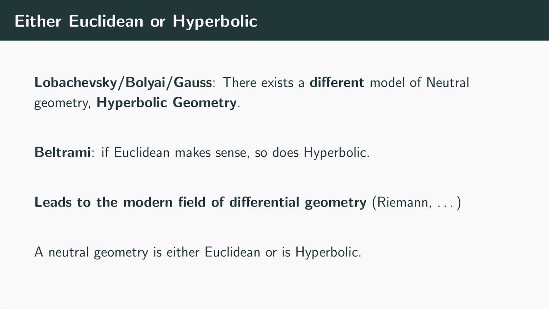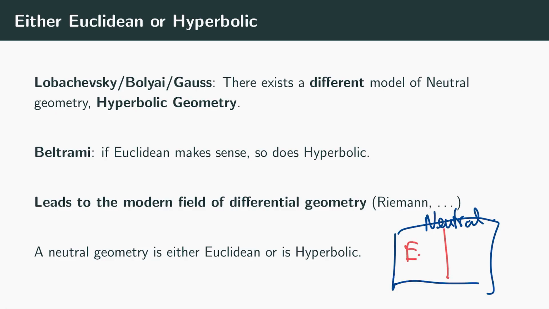And so we have this fact that if we imagine some kind of a Venn diagram, right over here I have all neutral geometries, then we have a split in 2. We either have Euclidean or we have hyperbolic. So there's nothing else. A given neutral geometry is either a Euclidean geometry or it's a hyperbolic geometry.